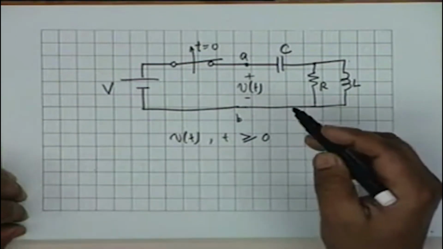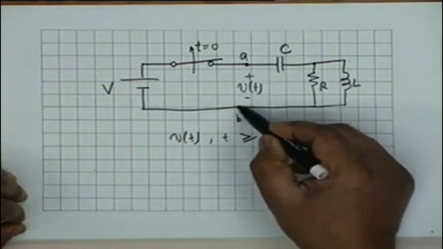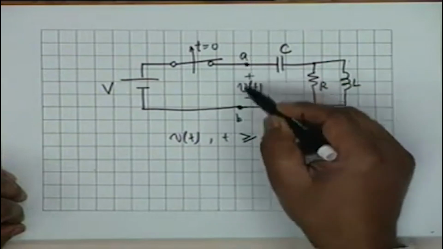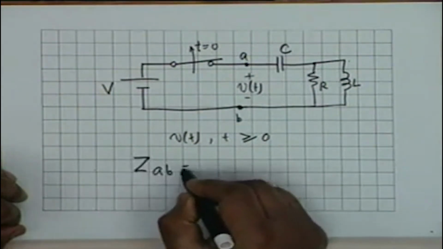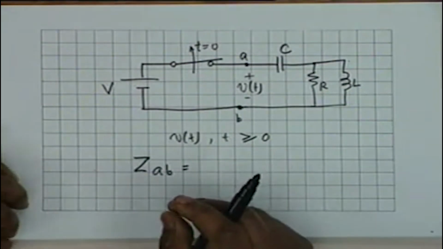So we find out the impedance looking into the network from the terminals A and B. So we find out ZAB, and what will be of concern are its poles.